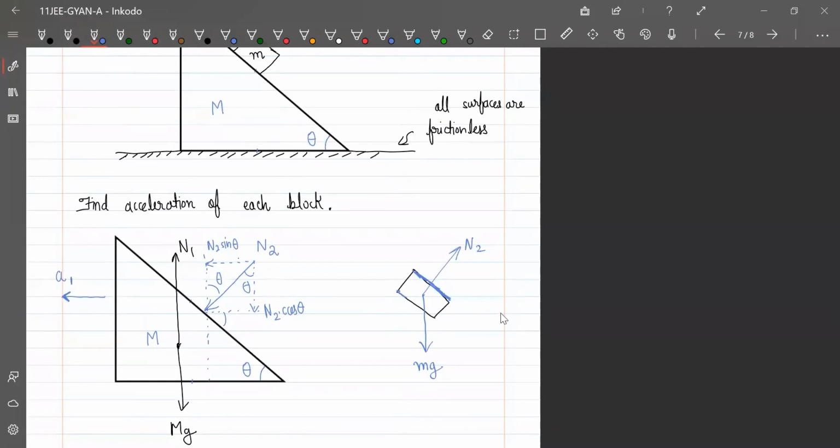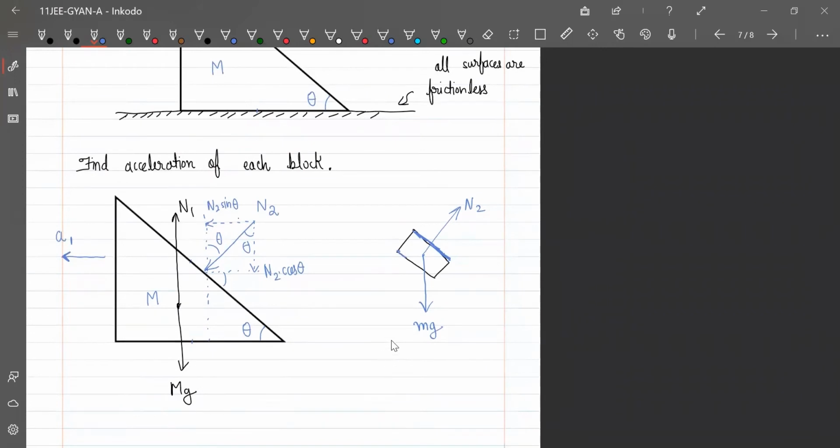Because of these two, there will be a net force. So this here will be responsible for acceleration too. So one thing is clear, if I take the resultant of these two, then I can find the value of acceleration. So let us say we can figure out what will be the value of N2. The direction of acceleration will neither be horizontal nor be along the incline. It will be in some other direction.